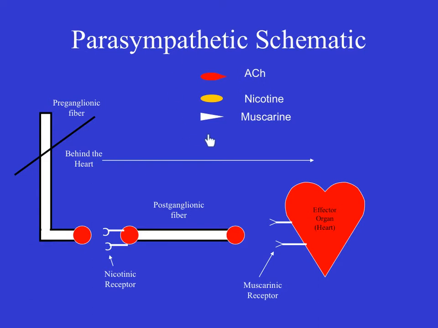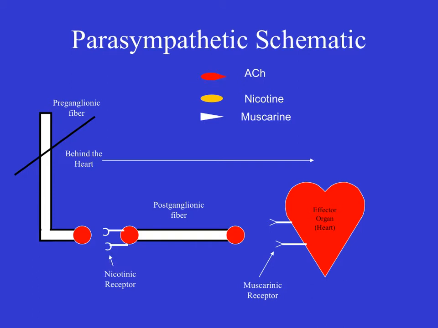So we need some players in this. And first of all, we have nicotinic receptors, and those are located on the cell bodies of the postganglionic neurons. And so those are shaped as little backward C's. And then we have muscarinic receptors, and those are located on the effector organ. And then what I need is I need these chemicals to be able to follow the truth, and that is ACh must be able to bind to nicotinic receptors.